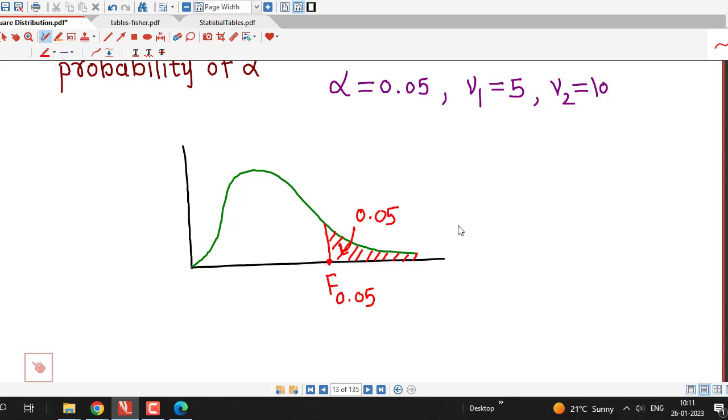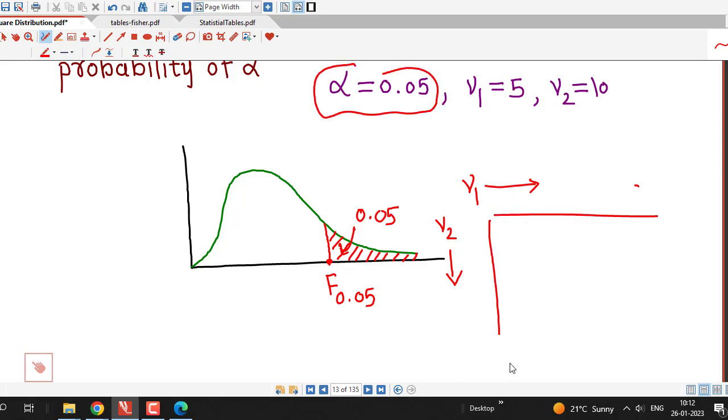Now in the F table we will be given this type of thing. Here we will have numerator degrees of freedom as these column headings, and this left column will be denominator degrees of freedom, and we will have these tables for different values of alpha.